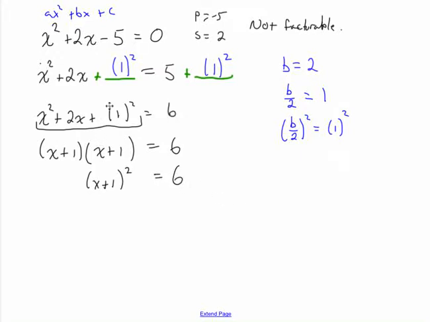Voila. The whole purpose of trying to actually figure out what number would go there nicely is so that I could actually arrive at turning this into a binomial square. Now, why do I do that? Well, the original question is this: x squared plus 2x minus 5 equals 0. And I've determined already that it's not factorable.